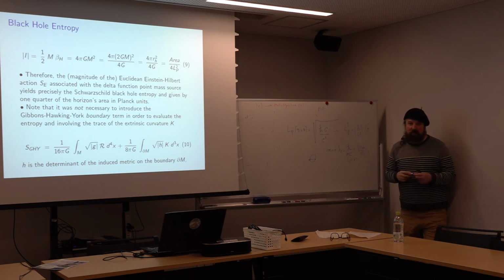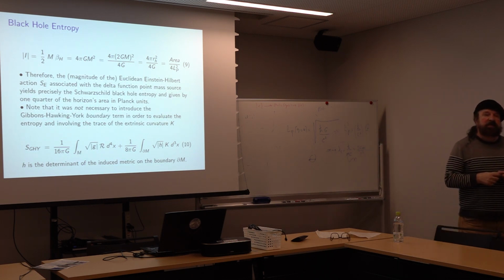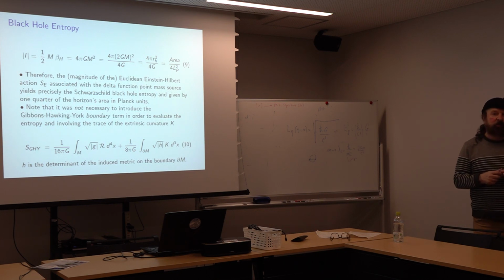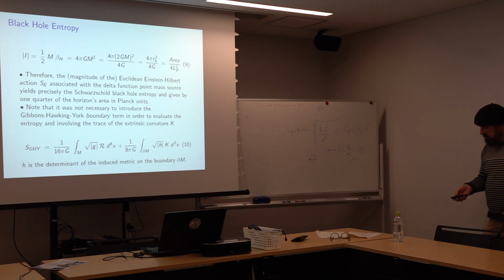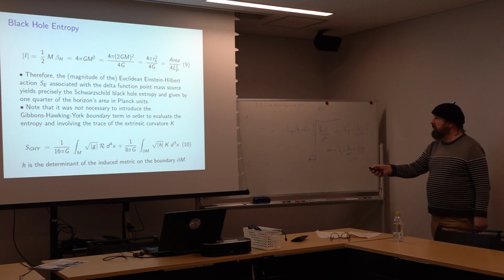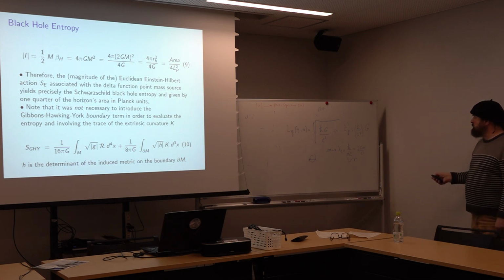And remember, at the beginning of the lecture, I used units where h bar was equal to 1 and c was equal to 1. What happens here is that if you set h bar equal to 1 and c equal to 1, G is equal to the square of the Planck length.